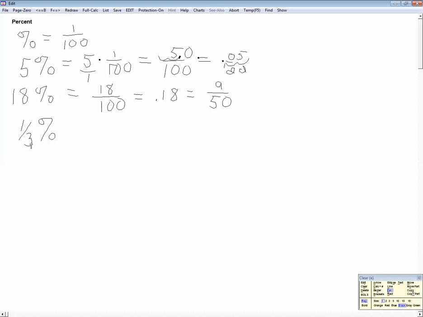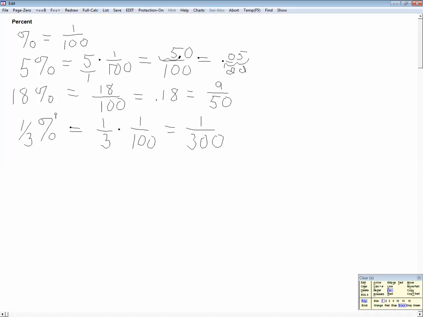How? I've got a fraction and a percent, something crazy there. But it's not. You know, you just do what you always do with percents. You write it as 1/3. And remember what percent means. It means 1 over 100. So that is the same as 1 over 300.